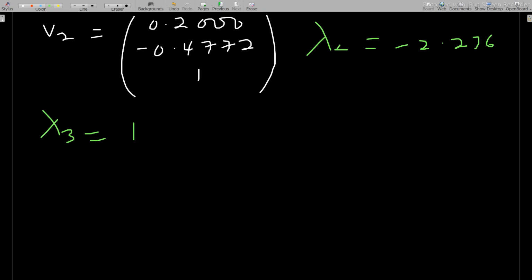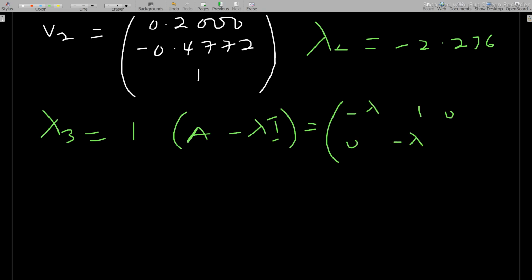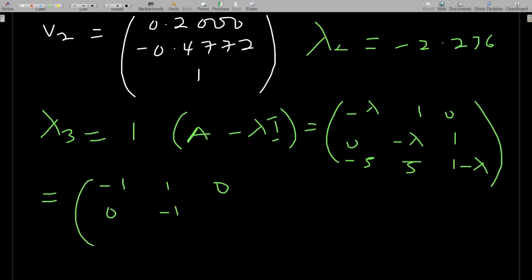We know A minus lambda I to be equal to minus lambda 1 0, 0 minus lambda 1, negative 5 5 1 minus lambda. We're saying lambda is equal to 1, so we have minus 1 1 0, 0 negative 1 1, negative 5 5, 1 minus 1, so I have 0.